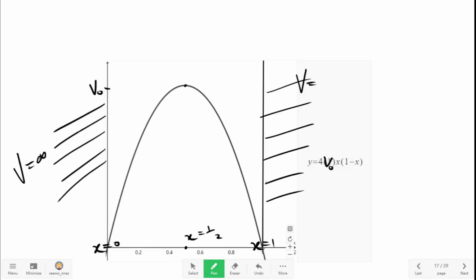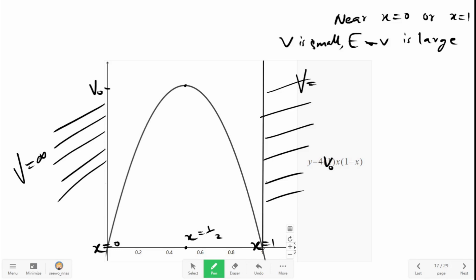You can see in this figure that V is small near x = 0 and x = 1. Therefore near x = 0 or x = 1, E minus V is large. This is because V is small near x = 0 or x = 1, and this implies lambda is short.